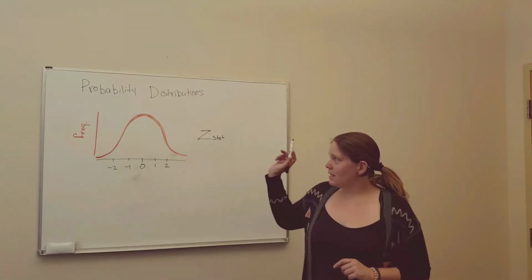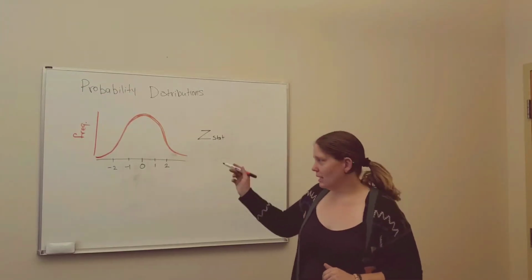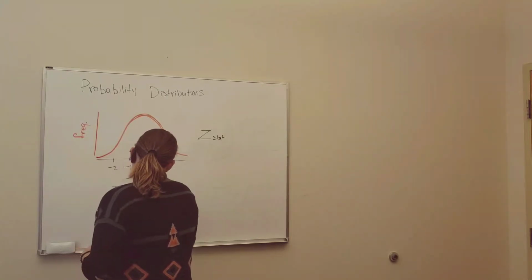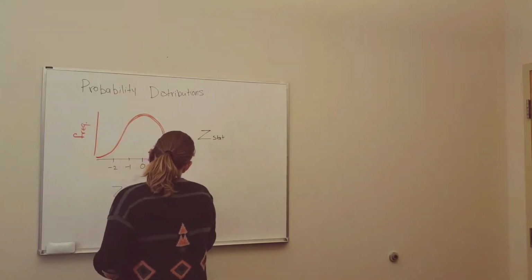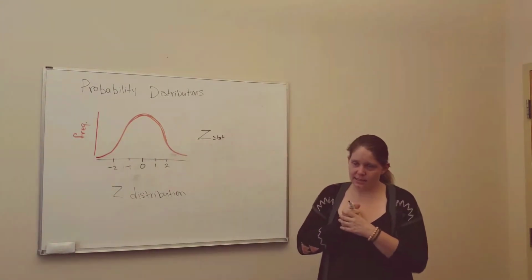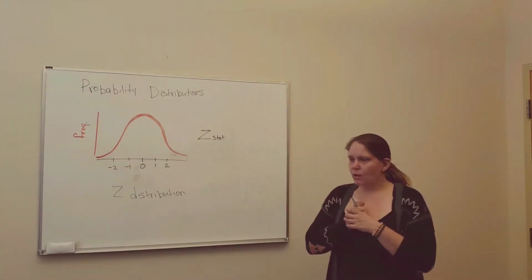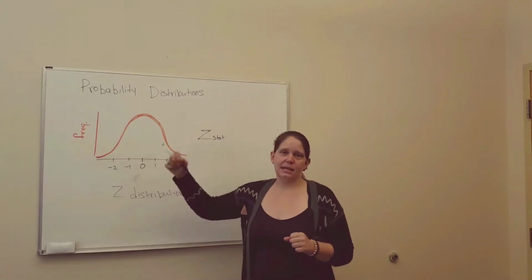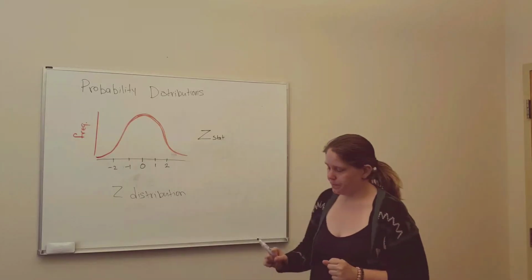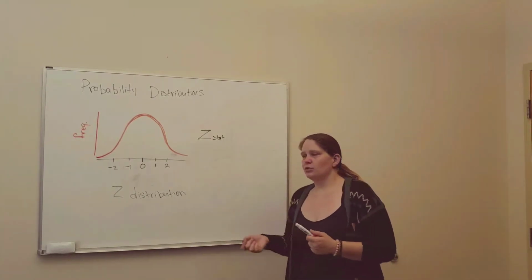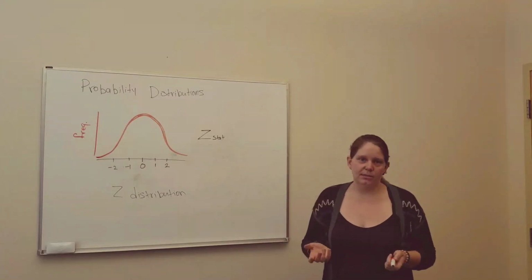So this standard normal distribution is the z distribution, which means when we calculate a z statistic, we can estimate the probability of obtaining that z statistic based upon this distribution. So this is important because we're using these statistics to try to draw conclusions about our groups.